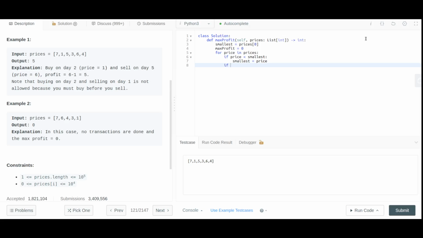Else, if price minus smallest so far is greater than the maximum profit, the maximum profit would equal price minus the smallest price so far. And then in the end, we simply return maximum profit.